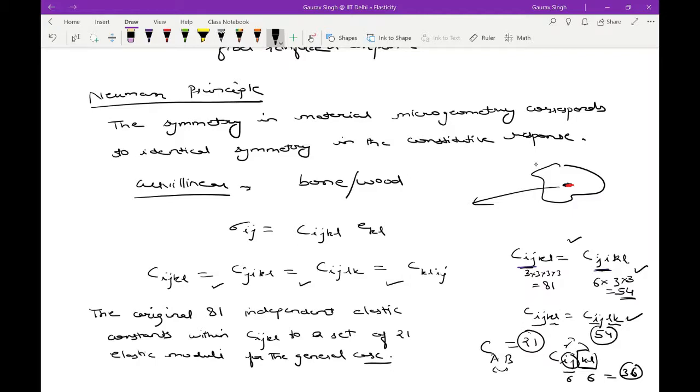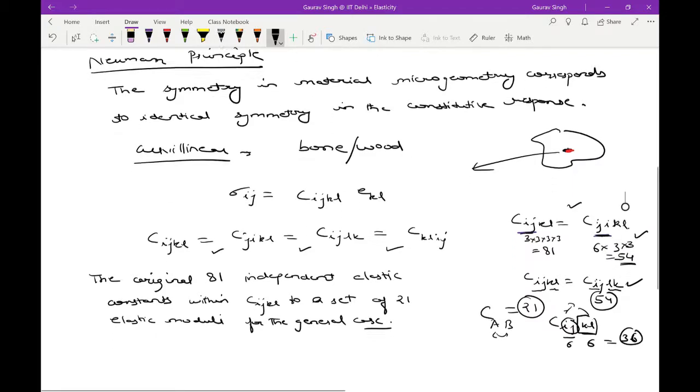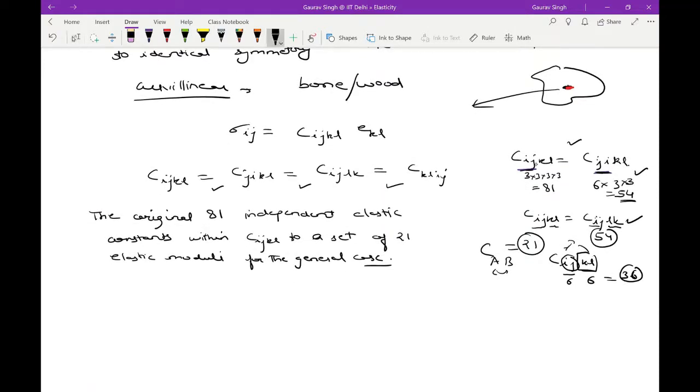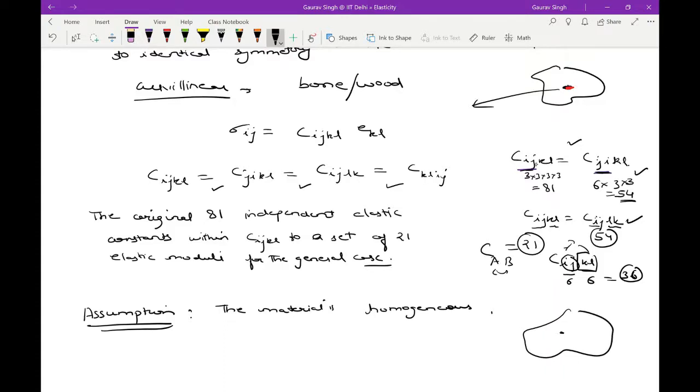Okay, so all this has got nothing to do with whether the material is isotropic or anisotropic. An assumption which we are making is that the material is homogeneous, and the implication of this is that if this is your solid, Cijkl at this point and some other point will be the same.